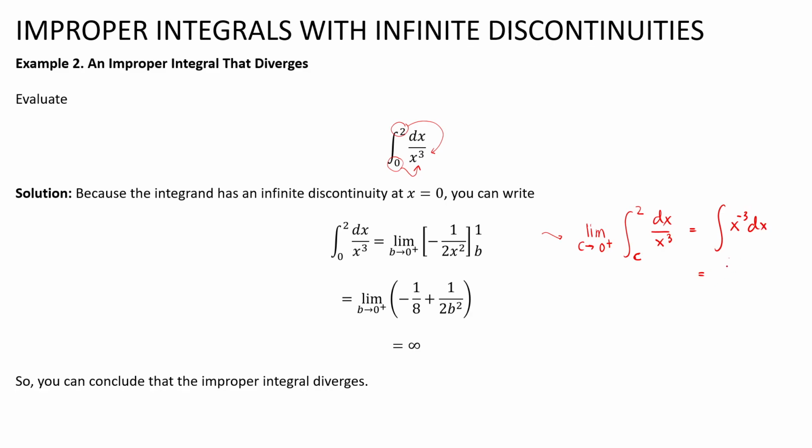So the integral for this one is x to the power of negative 2 over negative 2. So this gives you the limit of c approaches 0 plus of 1 all over negative 2x squared, from c to 2.